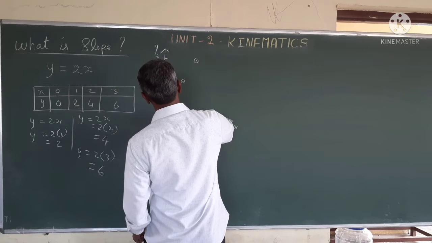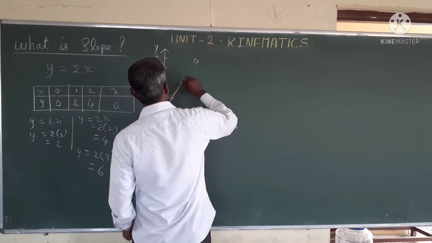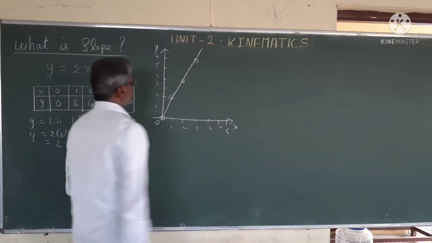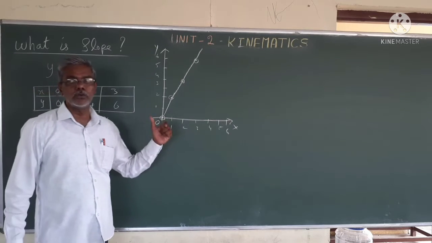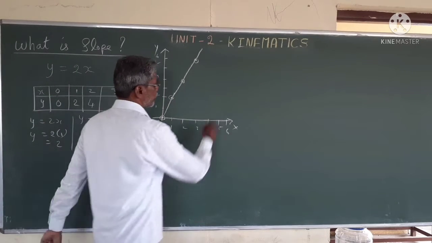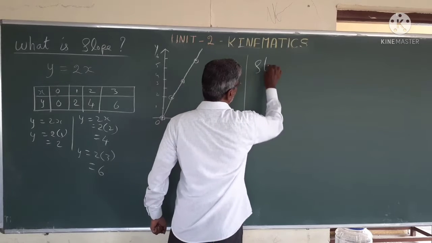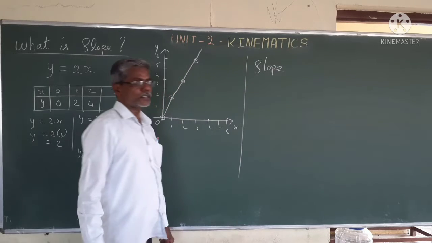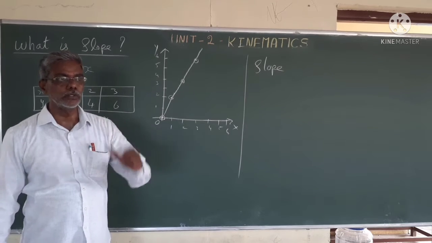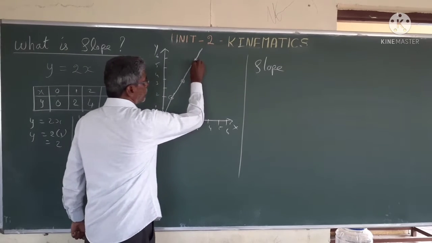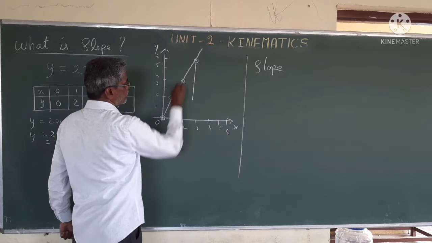So now we are getting a straight line. Now I want to find out the slope for this. See, in lower classes you studied how to find the slope for two given points. Now I want to find the slope for these 2 points.